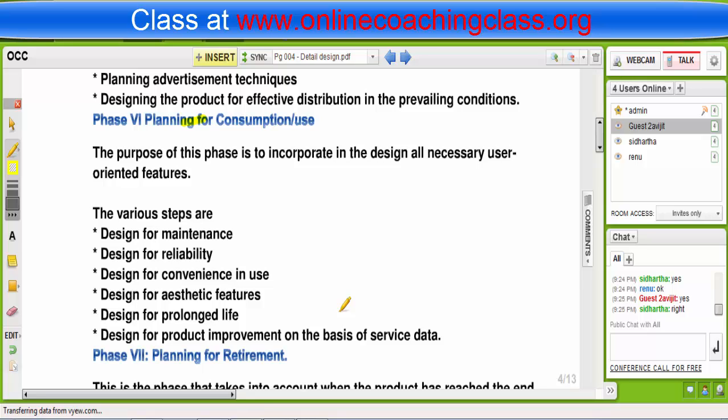Then you have to think that your case should be red or pink. There should be an option. Black exists in the market, okay, but you have to produce some pink and red to increase your sales. So you have to collect the market feedback, and back to back you have to act on it. Okay, and all these things are done in the planning for consumption stage. Is it clear?